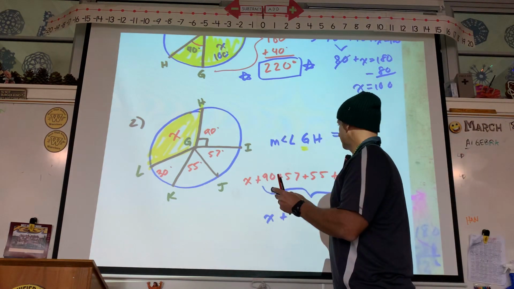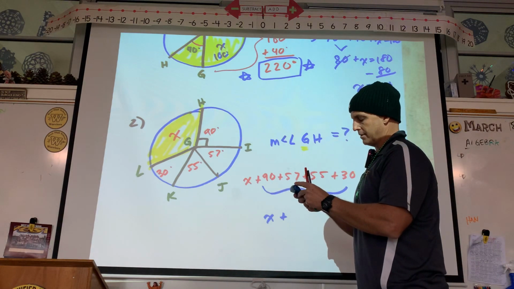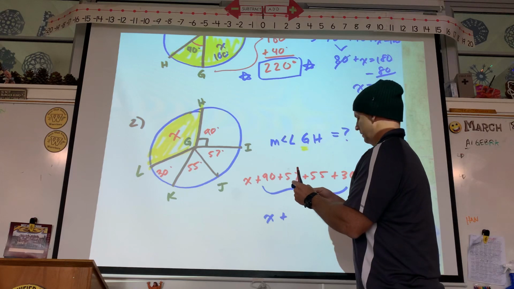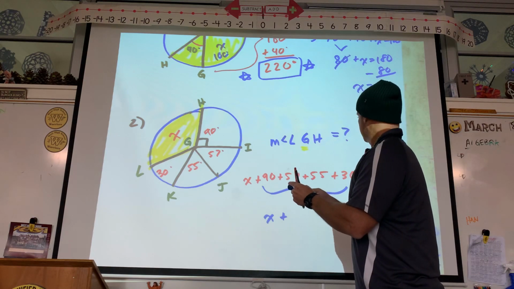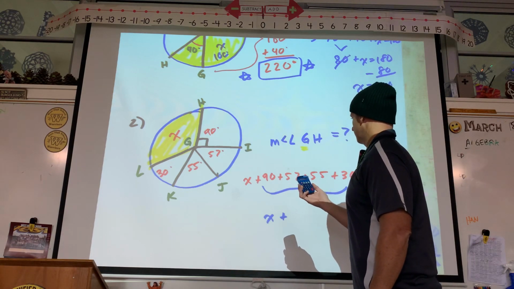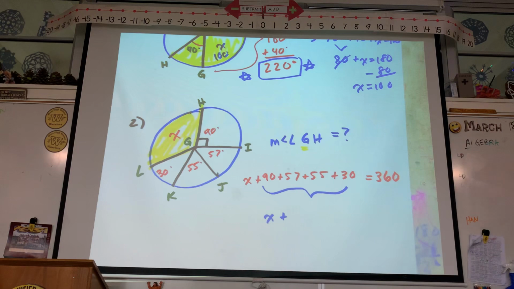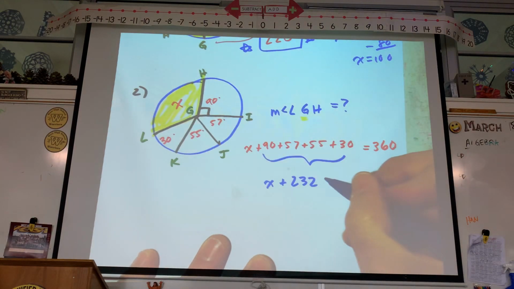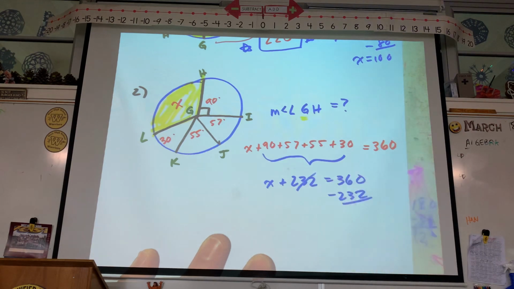Okay, here we go. 90 plus 57 plus 55 plus 30 equals, I got 232. I'm going to go with it. X plus 232 equals 360, and we're obviously subtracting that 232.